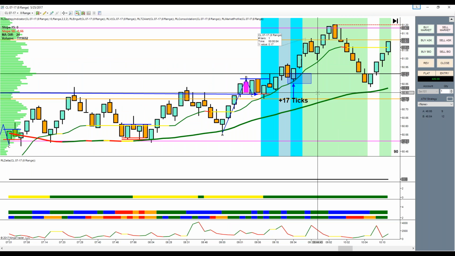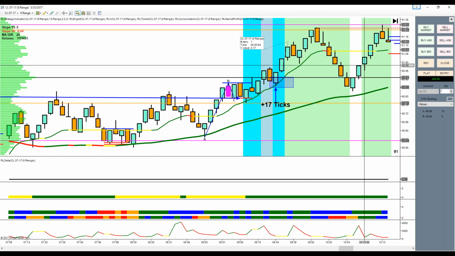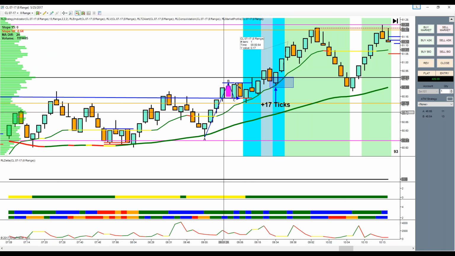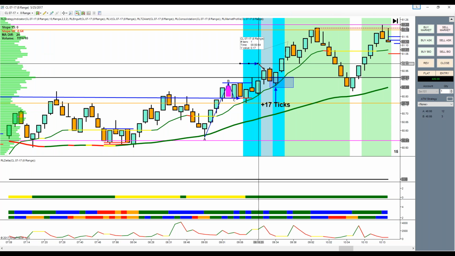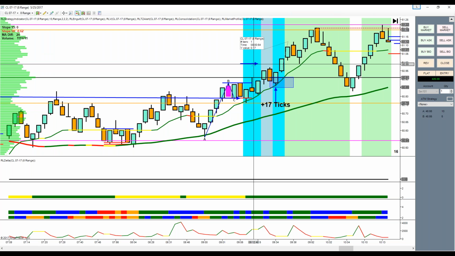So what we look for is the application of institutional money to create a multi-time frame trend, and this multi-time frame trend is represented by background color. This is the power of the two higher time frames coming into alignment with your trading chart.